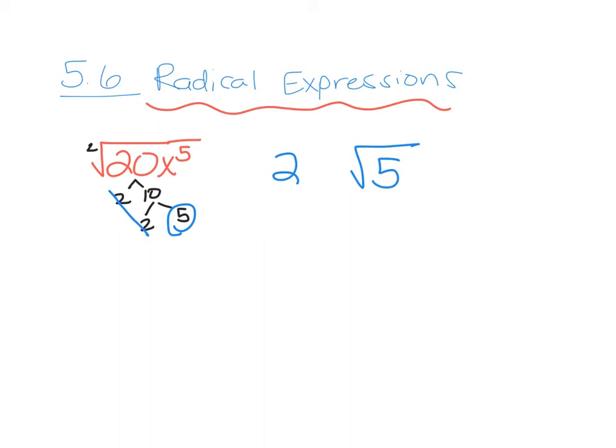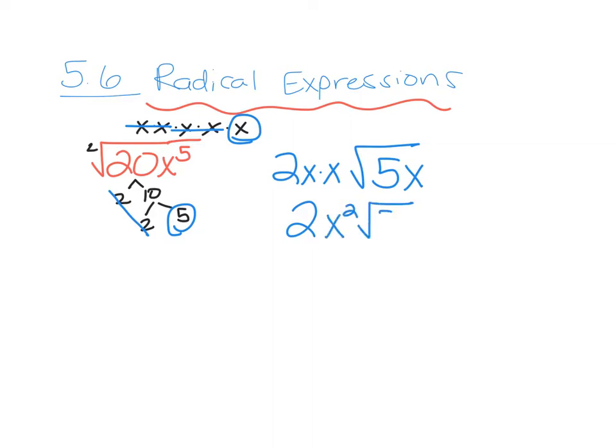And then there's 5 x's, so I could write it as x times x times x times x times x. So there's 5 of them, and then do the same thing. Cancel them out in groups of 2. So this is 1 x, this is a second x, and then you've got the single x left underneath the radical. So I'd get 2x times x is 2x squared times the square root of 5.